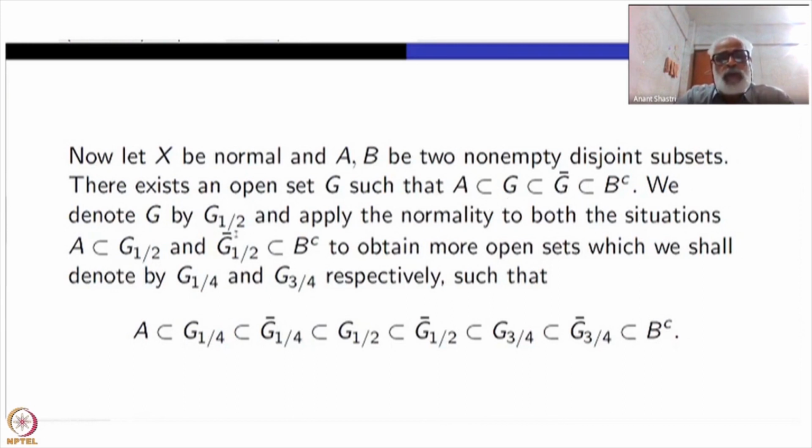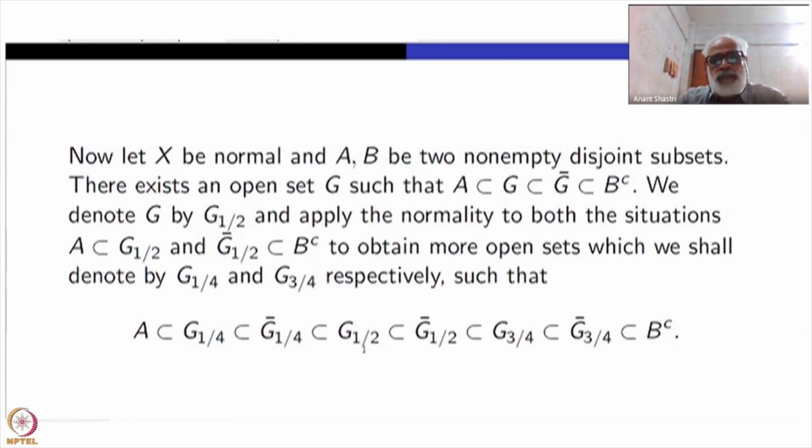So what I want to do is now, between A and G half, and G bar half and B complement, I introduce two more open subsets which we shall denote by G1/4 and G3/4 respectively, such that from A to G half, A is closed, G half is open, G1/4 will sit there, contained inside G1/4 closure.